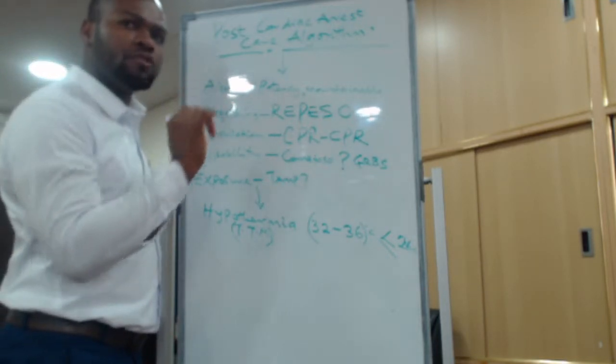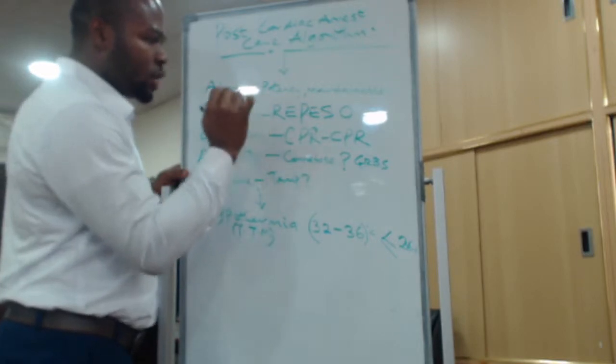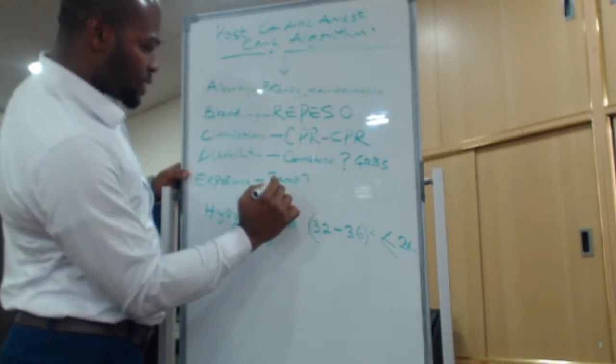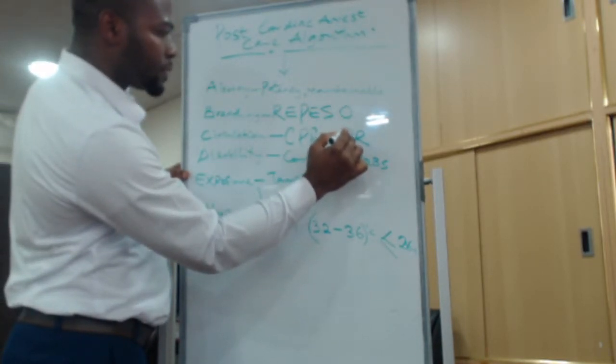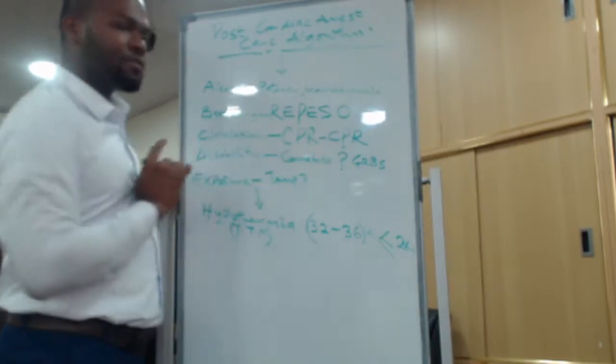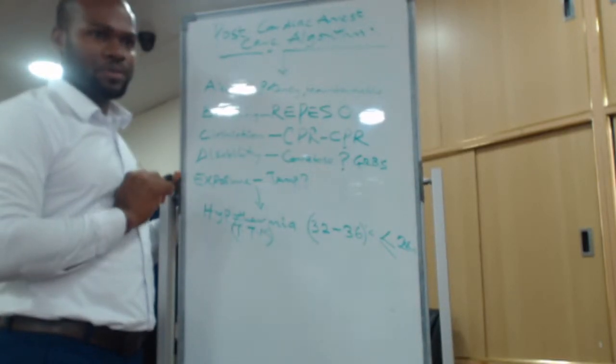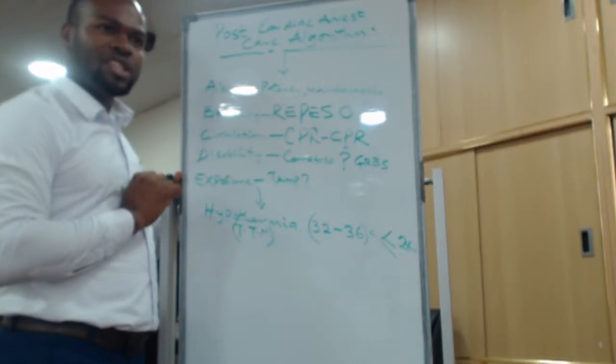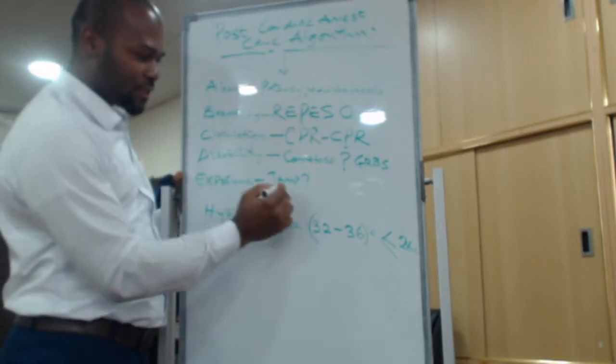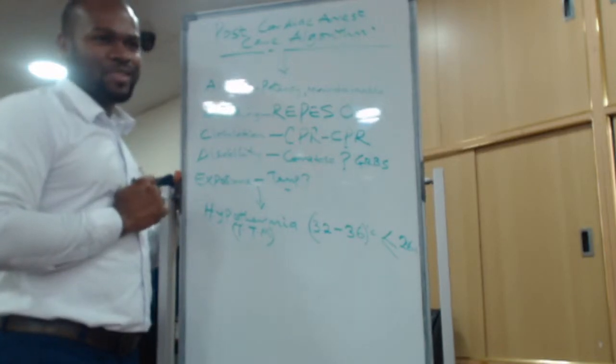Okay, so what do you need to find out? What are the informations you need? You need, one, the blood pressure. That's the first thing you need to find out. What other information do you need? The temperature, right?